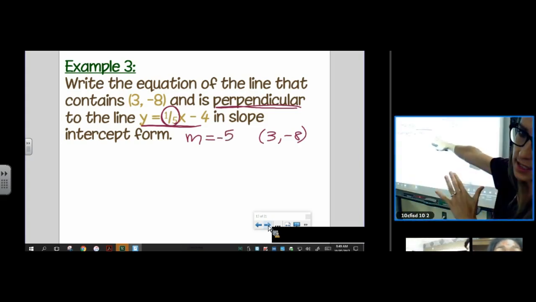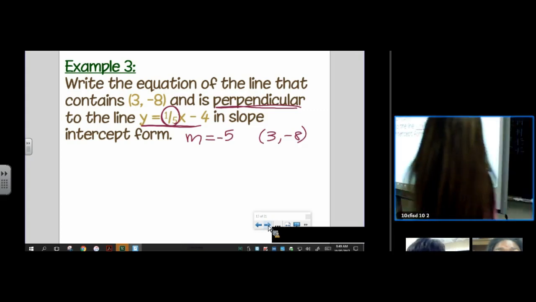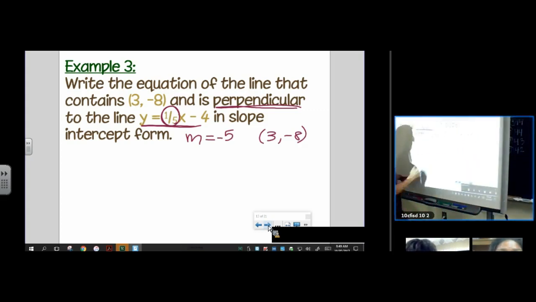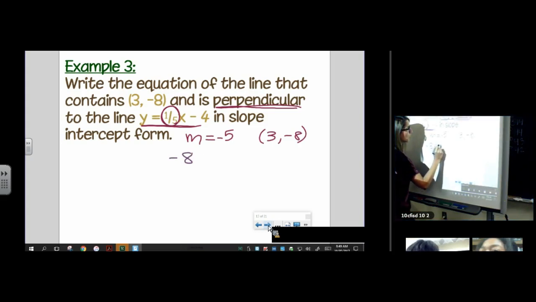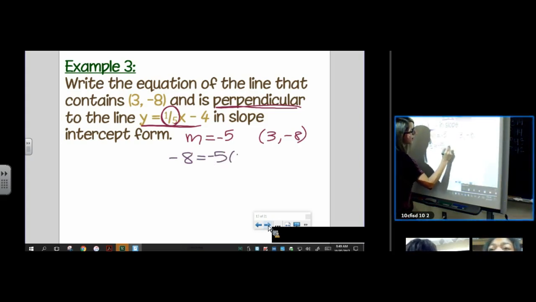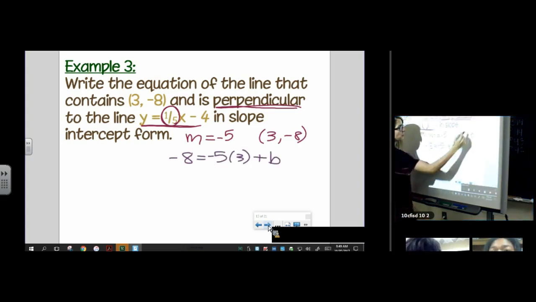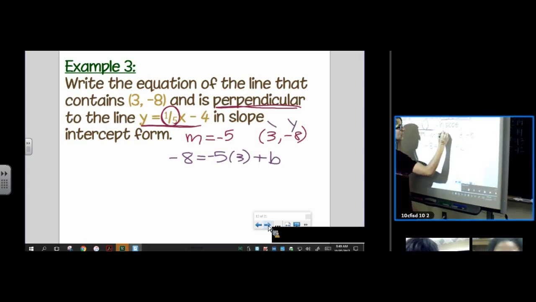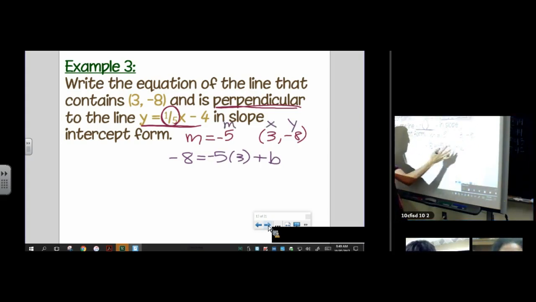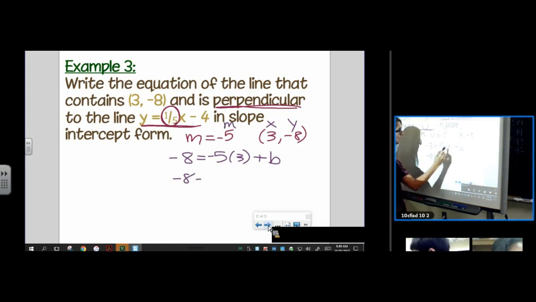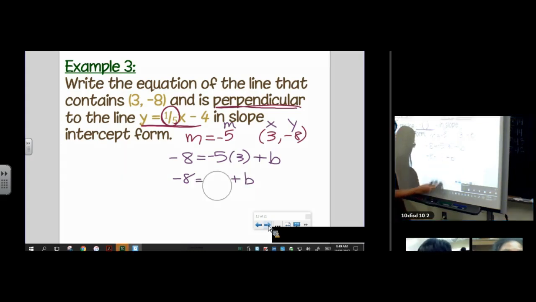Now I have a targeted slope, and now I have a targeted point. So I'm going to do y equals mx plus b. This was my y, this was my x, this was my m. I'm going to clean this up. Negative 8 equals negative 15 plus b. I added them wrong at first, wow, Miss Tanton, good job.